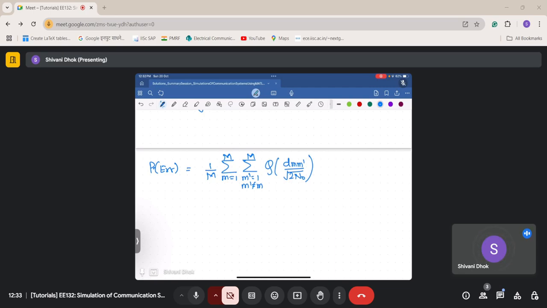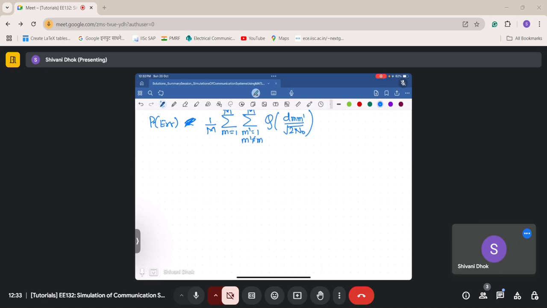Okay, now this is less than or equal to, sorry. Okay, now we are given d min as the minimum distance. So d min is the minimum distance, so therefore d_mm' will be greater than or equal to d min for all m and m prime.